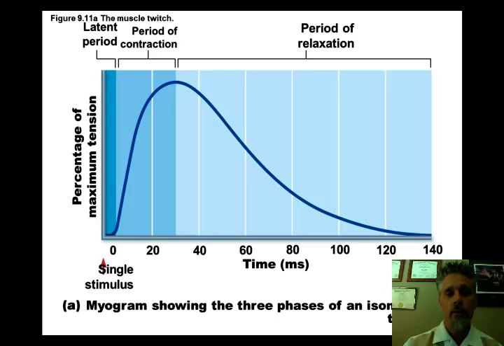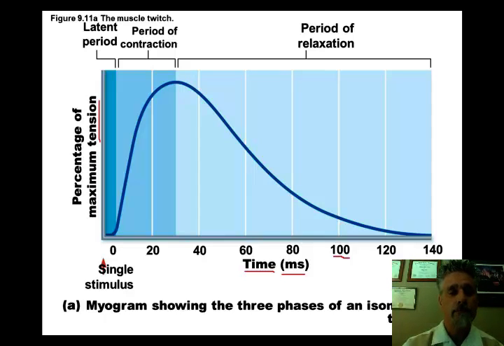Notice that we're seeing time on the x-axis here, and then tension or percentage of maximal tension on the y-axis. Now notice this time is in milliseconds, right? So if we have 100 milliseconds, that's 1/10 of a second. Okay? So this is very, very fast, even though it's spread out on this graph.